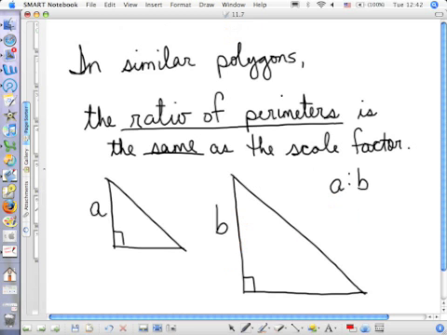So here's the first part of our theorem. In similar polygons or shapes, replace that word with shapes, because it encompasses more than just polygons. You've got circles, whatever.